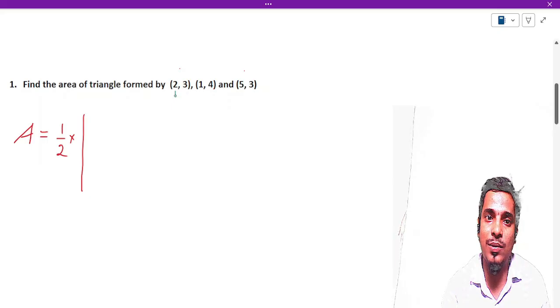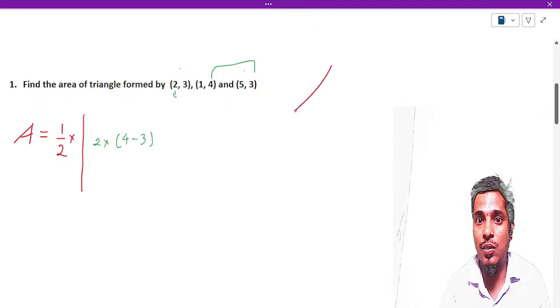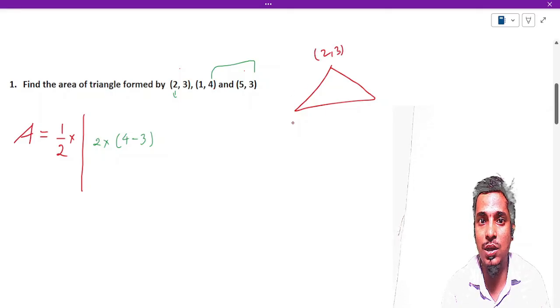First number, if I'm taking this 2, then 2 multiplied by the difference of the next y coordinates, 4 minus 3. It will be better if our rough figure is drawn to avoid confusion. So 2, 3, 1, 4, and 5, 3.